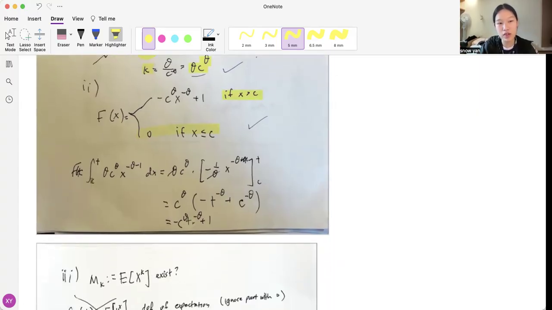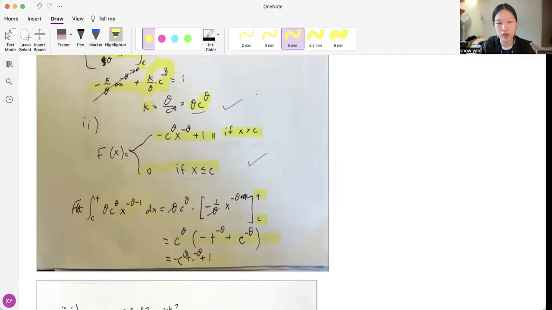We write the integral starting from c up to a point t of theta c^theta x^(-theta-1) dx. We take the integral from c to t, plug this in, and get this function.